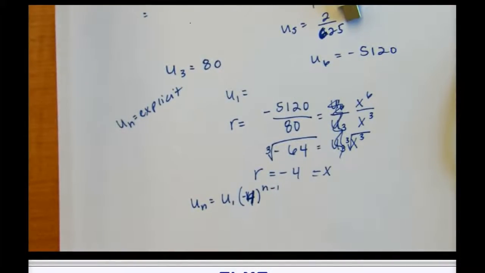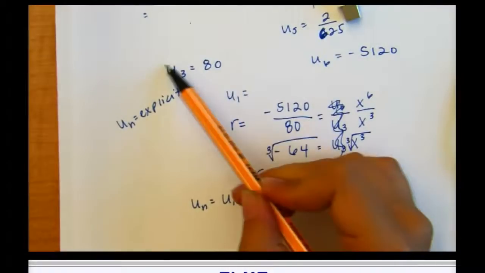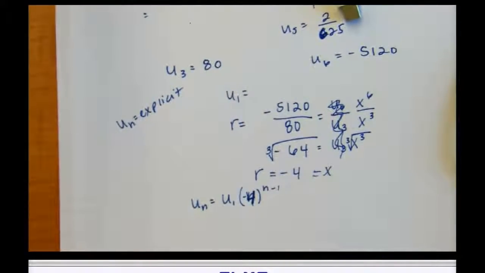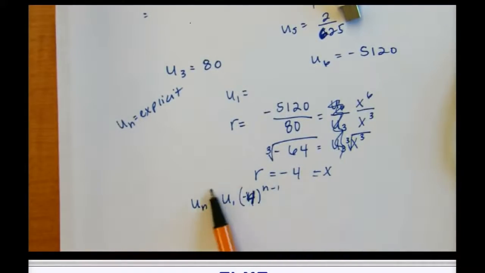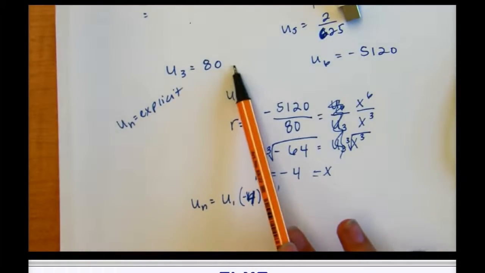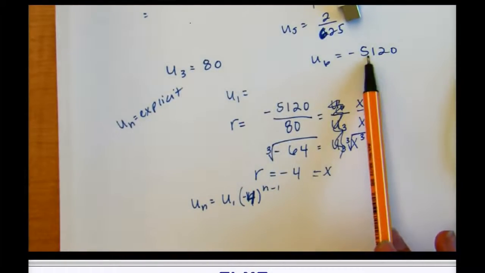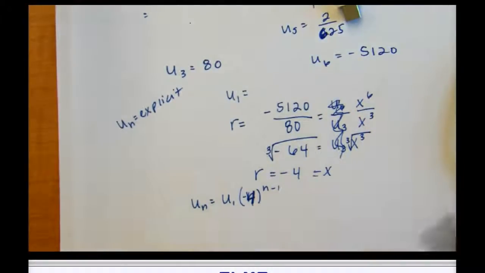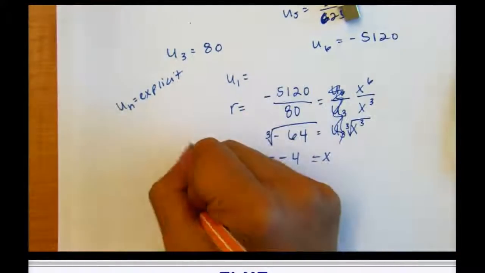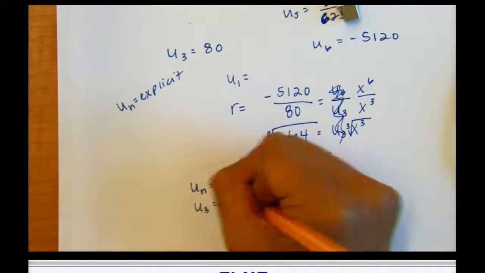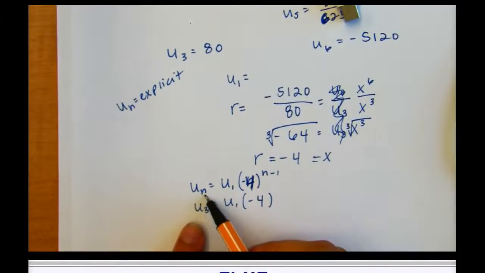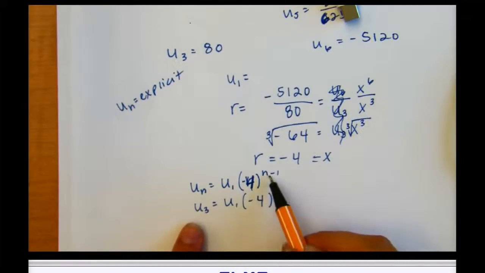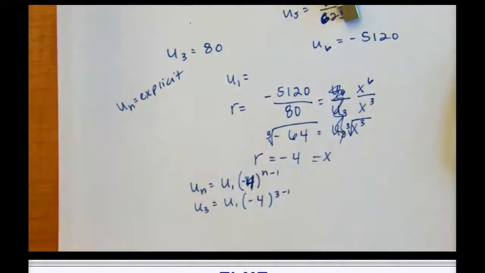Just like we did with arithmetic sequences when I knew a higher term, but I didn't know u sub 1, I'm going to pick one of these two terms and substitute in everything that I know about it into my formula. I'm going to go with the lower term because 80 is a lot easier to deal with than -5,120. So I'm using my u sub 3. So u sub 3 is equal to u sub 1 times -4. Since I replaced n with 3 here, I'm going to replace my same n with 3 up here to the 3 minus 1.